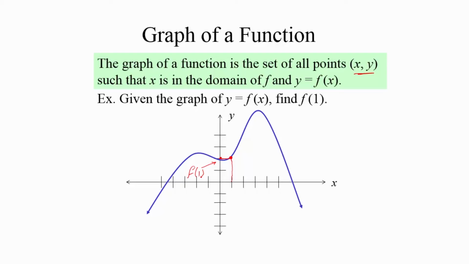The number on the range, the number on the vertical axis is your f of 1. Equal to 2. Yeah, 1 and 2. Okay? That's what that point is.